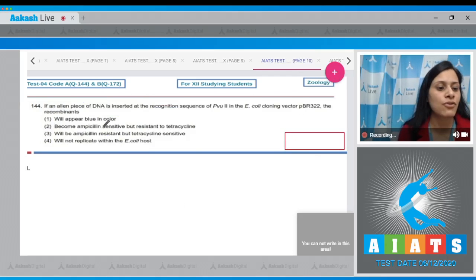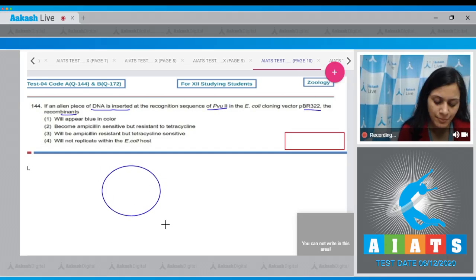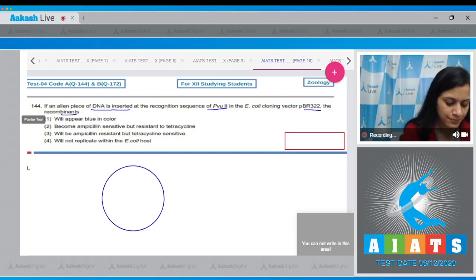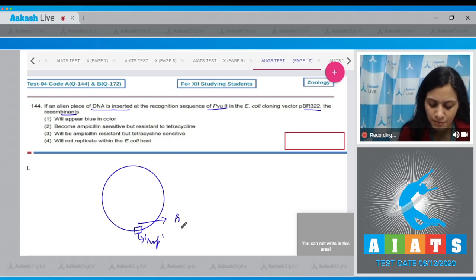Question number 144. If an alien piece of DNA is inserted at the recognition sequence of PvuII in the E. coli cloning vector pBR322, the recombinant pBR322, PvuII region is present in rop gene, and there you have site for PvuII.